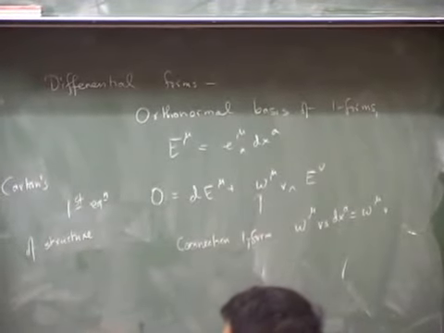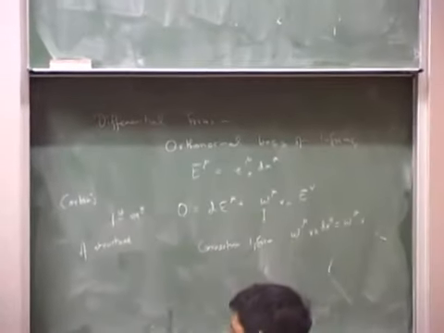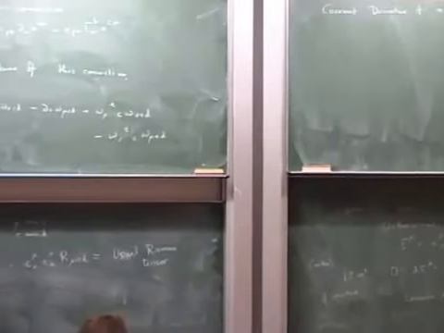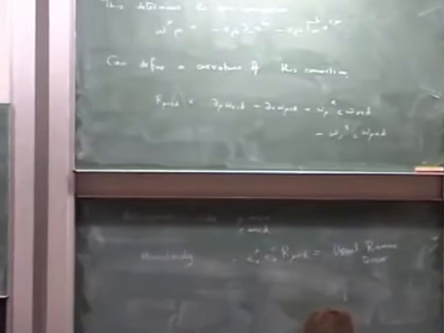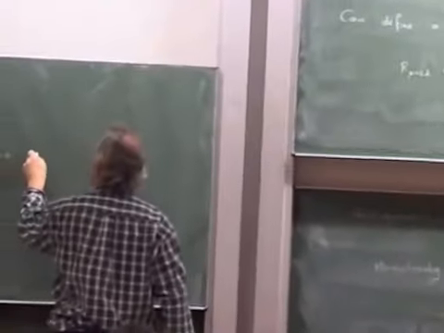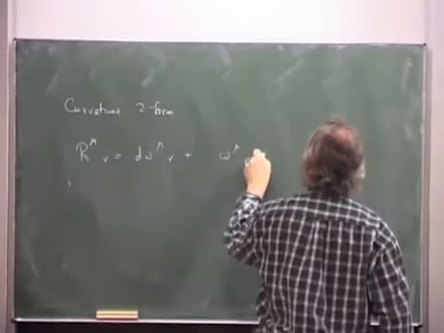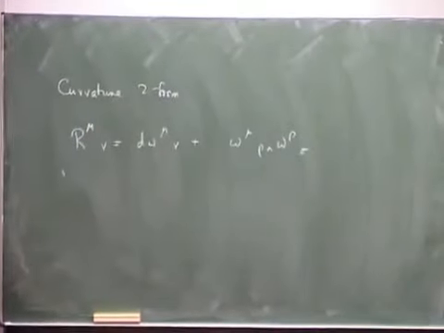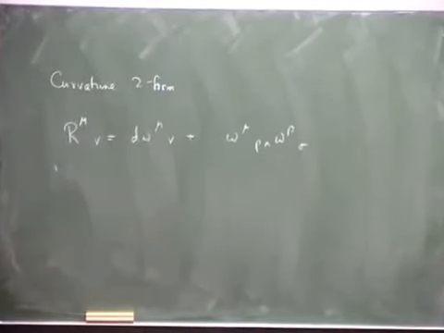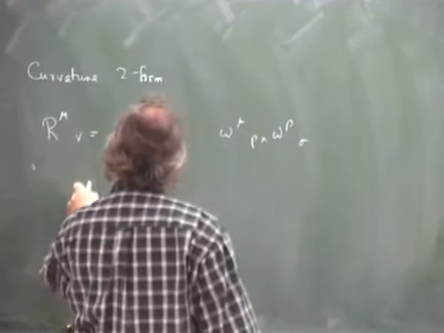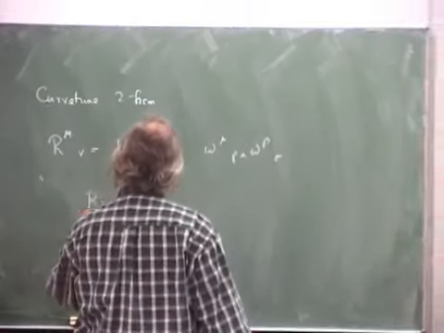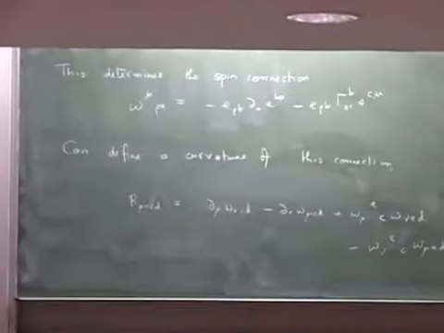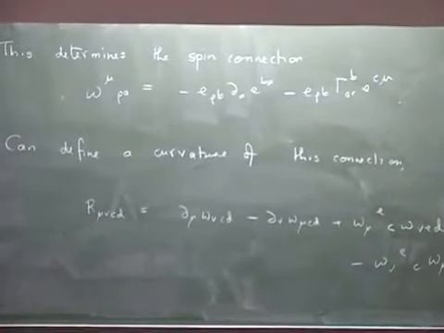And lastly, he would have defined the curvature 2 form to be R^μ_ν equals d of ω^μ_ν plus ω^μ_ρ wedge ω^ρ_σ. And the curvature 2 form is related to this curvature by R^μ_ν equals 1/2 of R^μ_ν ab dx^a wedge dx^b.